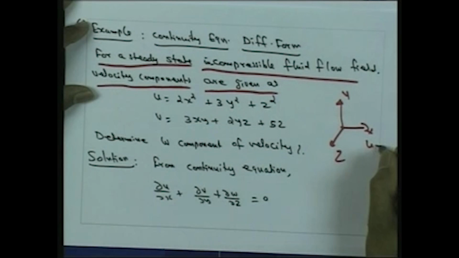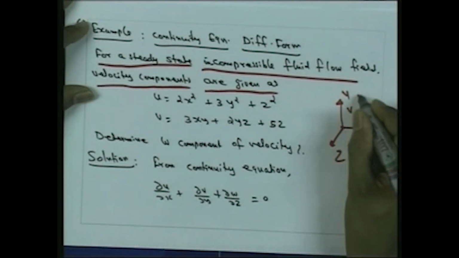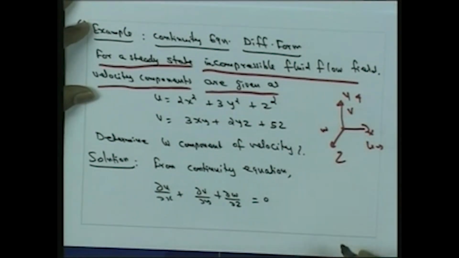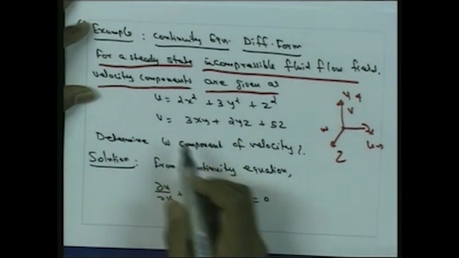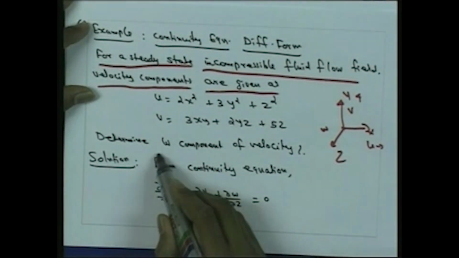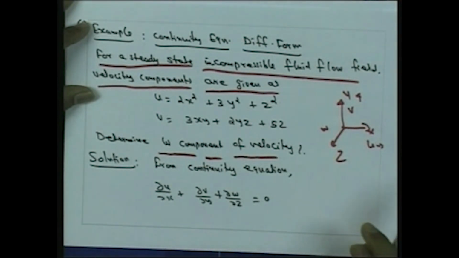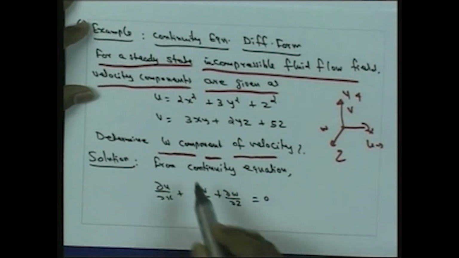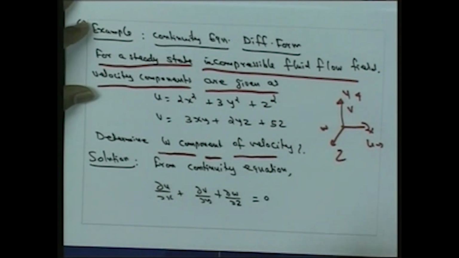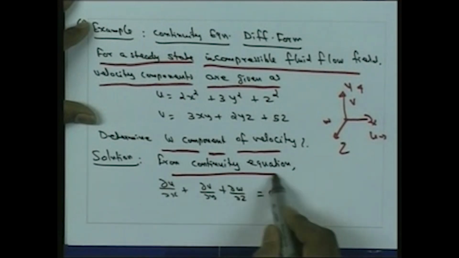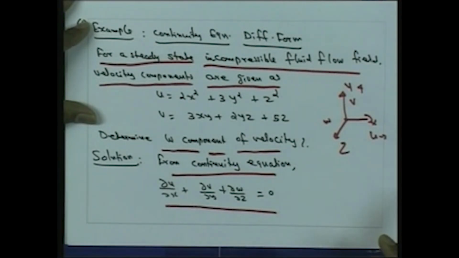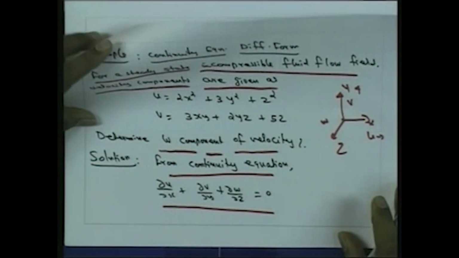So this u is in the x direction, v is in the y direction, and w is in the z direction. Here the u and v components are given. So with respect to the continuity equation, we want to determine the velocity component w. From the continuity equation which we have derived, we can write del u by del x plus del v by del y plus del w by del z is equal to 0.